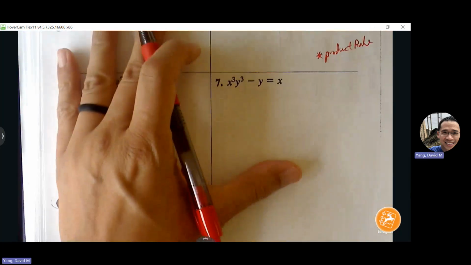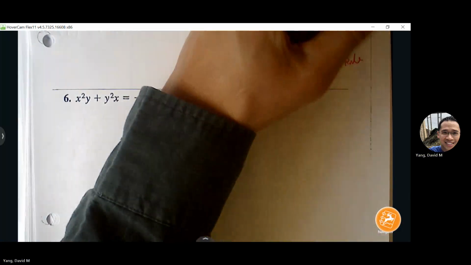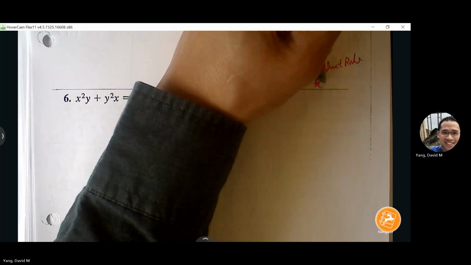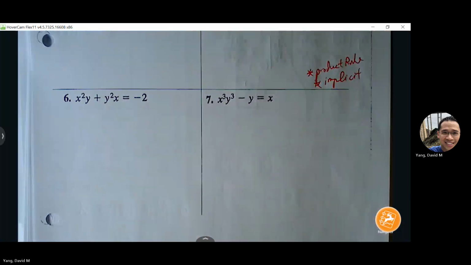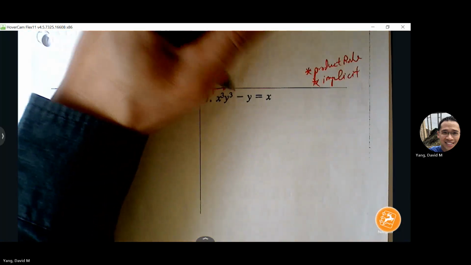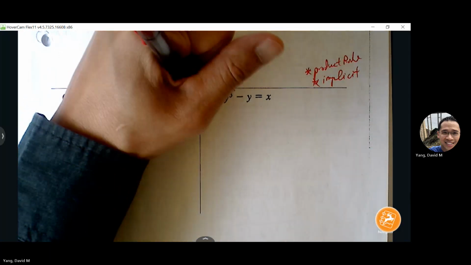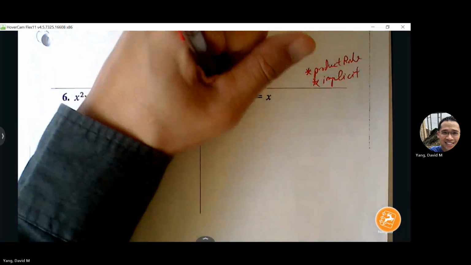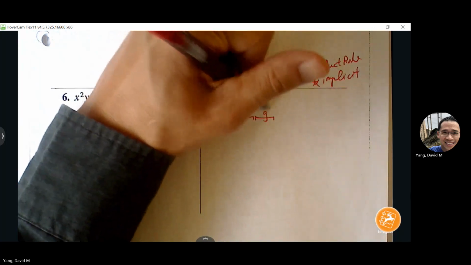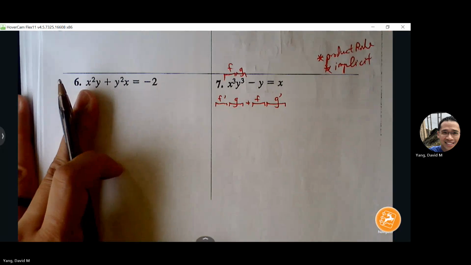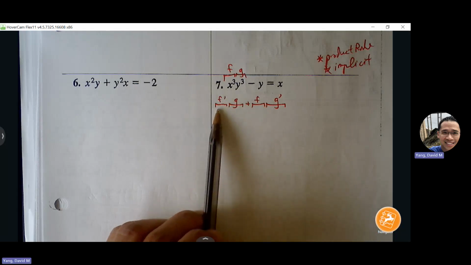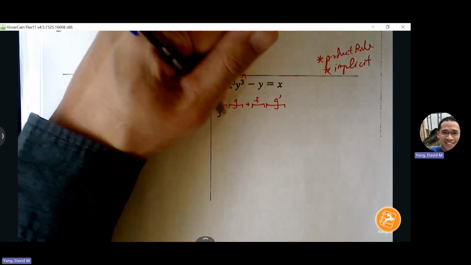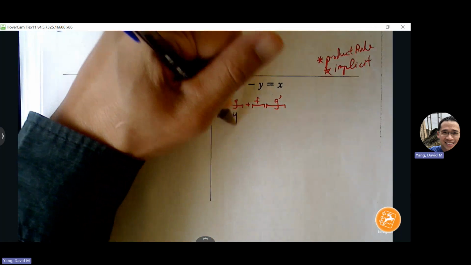We're on page 11, number 7. Okay, f prime. x squared times g, no changes.